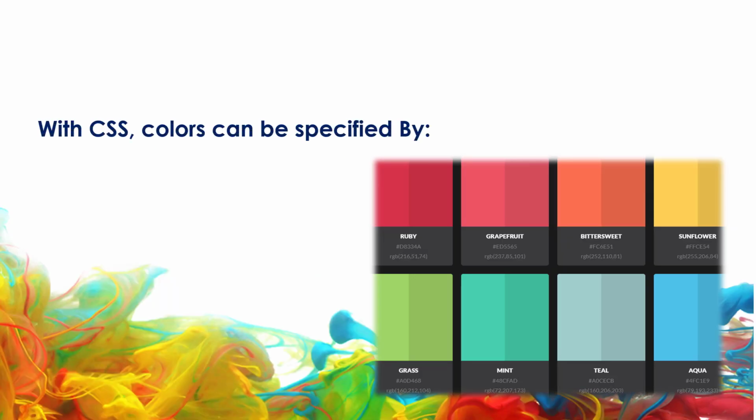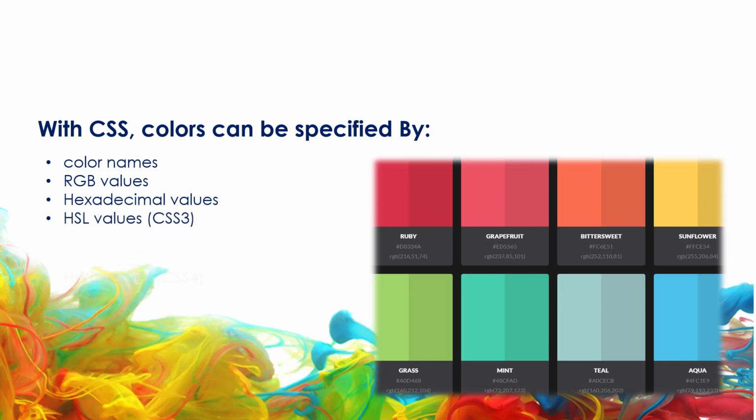With CSS, colors can be specified by color names, RGB values, hexadecimal values, HSL values and HWB values. HSL values are only supported in CSS3 and HWB values are only supported in CSS4.